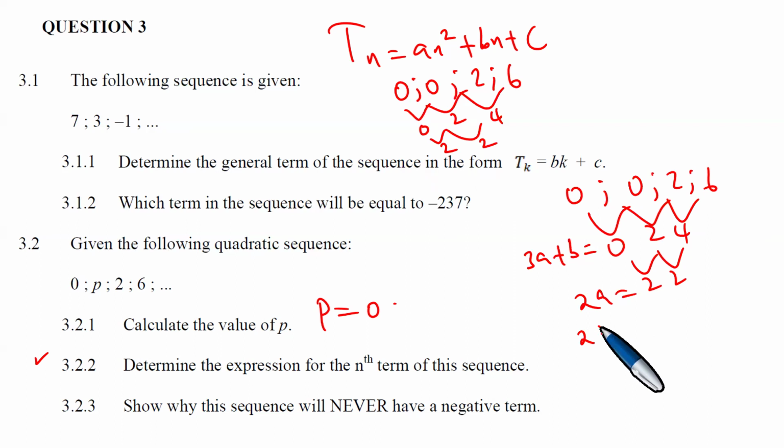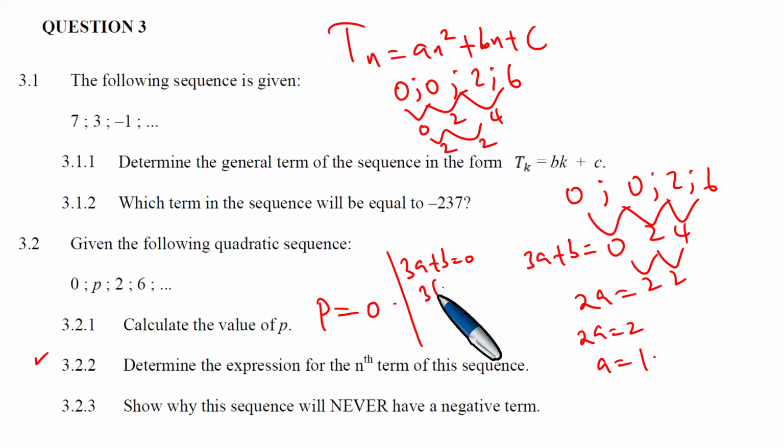So if we have that 2a equals 2, we divide by 2, which means a equals 1. And once you get that a equals 1, we must be able to get the b here, which means that we have 3a plus b equals 0, so b equals minus 3.